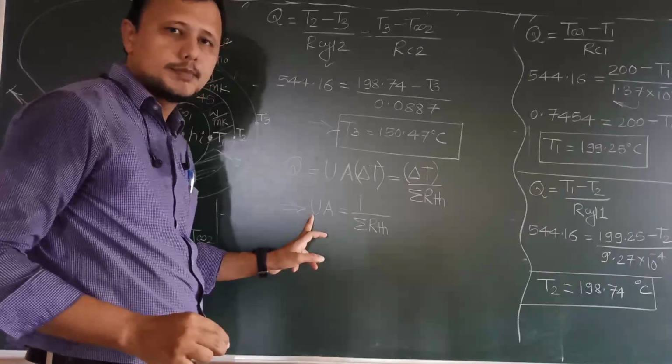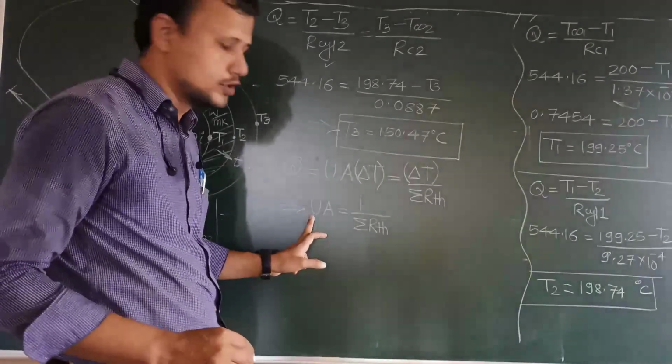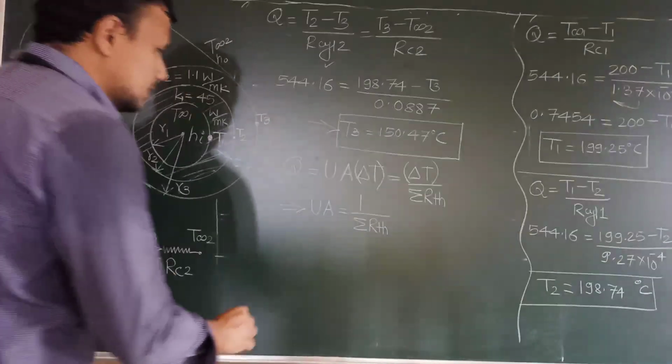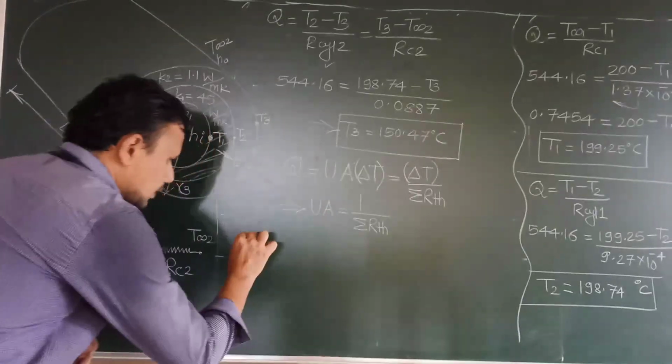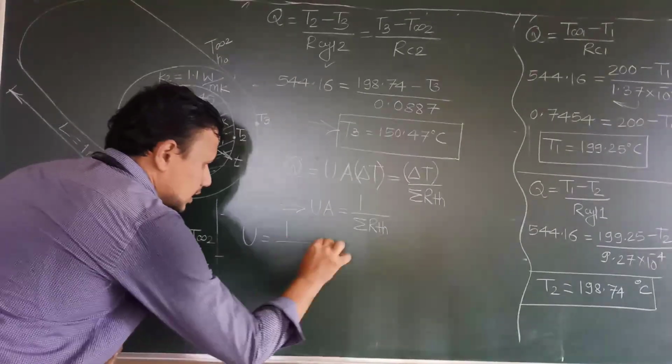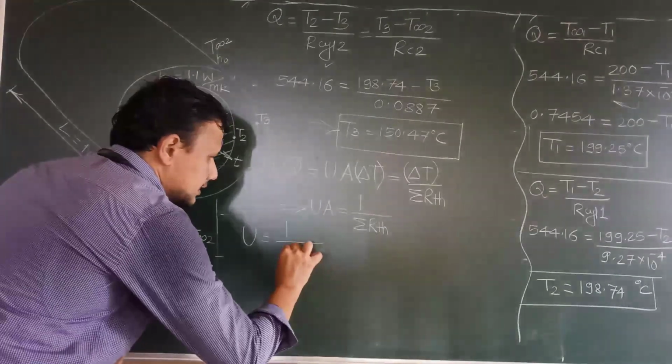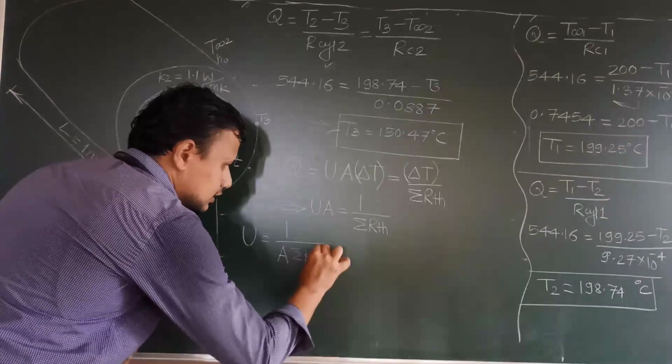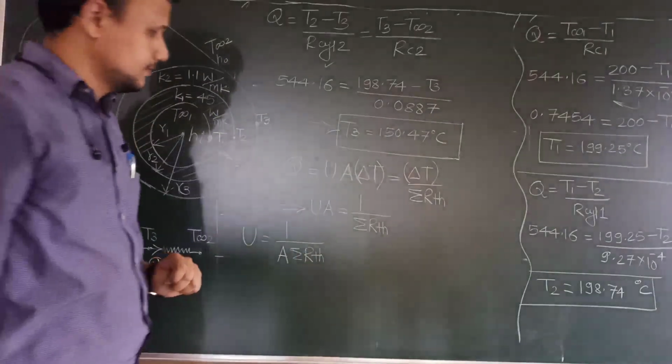And this U is nothing but overall heat transfer coefficient. So U will be equal to 1 upon A multiplied by summation of all thermal resistances.